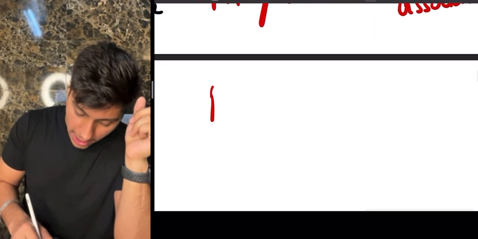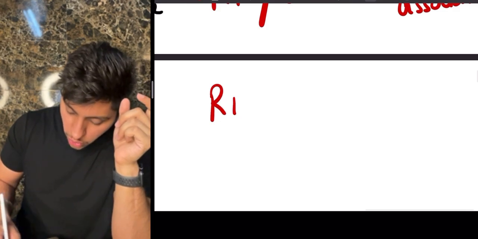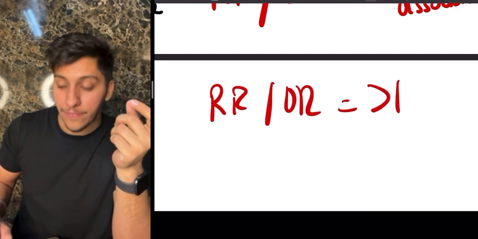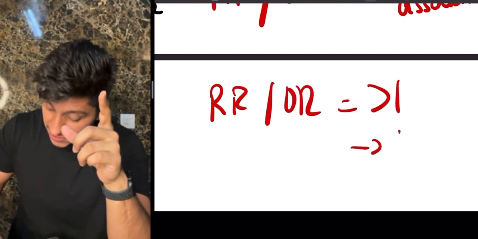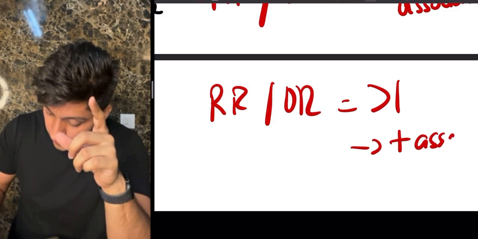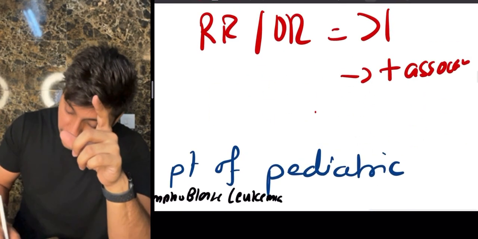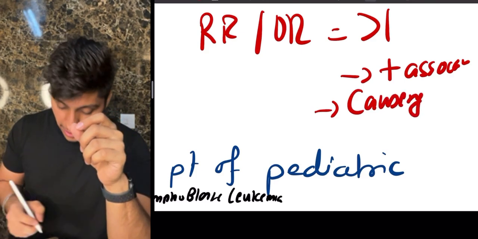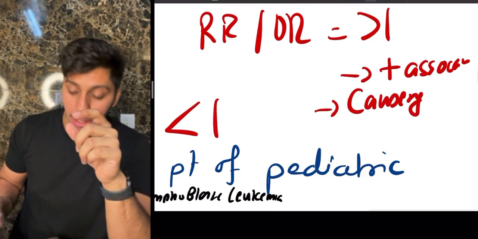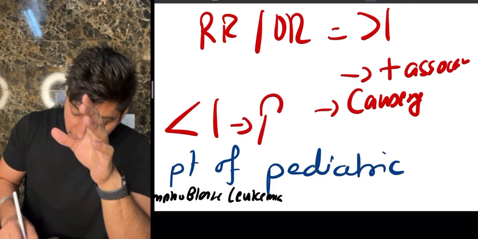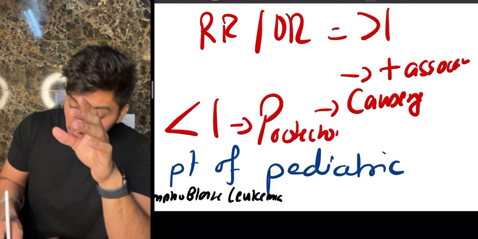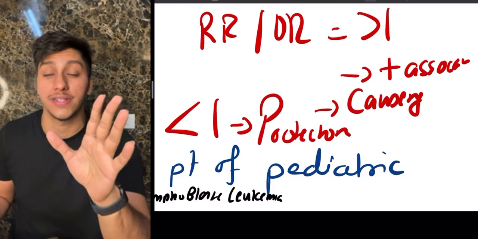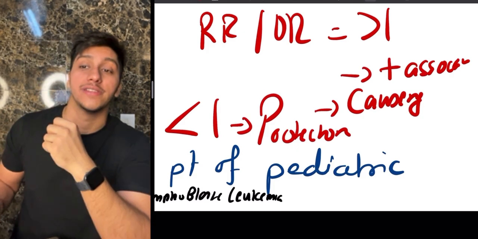If RR or odds ratio is more than 1, that means it is responsible. This is a positive, causative association, where the risk factor is causing the disease. And if it is less than 1, this is protective, which means the risk factor you think is causing the disease is not causing it, it is helping you prevent the disease.